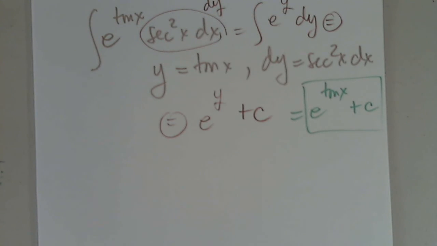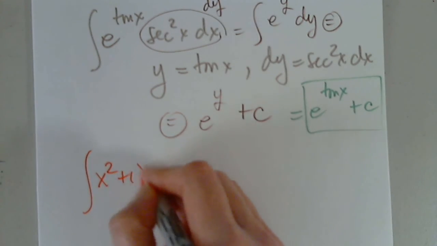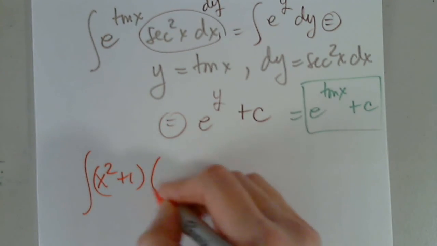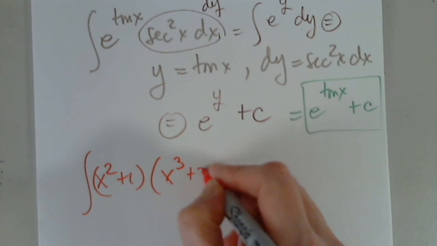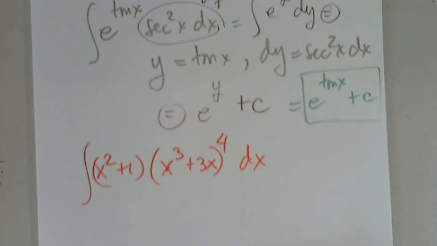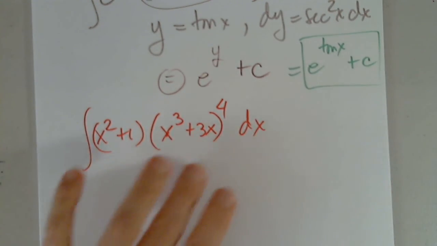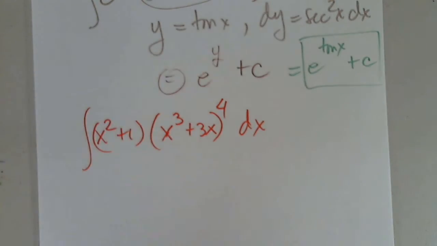Okay, here's another. The integral of x squared plus 1 times x to the third plus 3x, everything to the fourth, dx. You could say on this one, just raise it to the fourth power, distribute, and you're done.